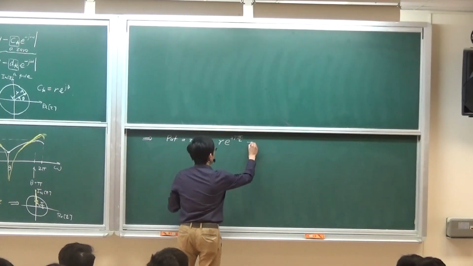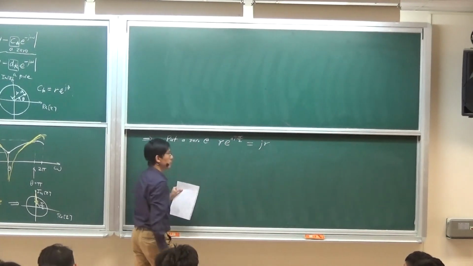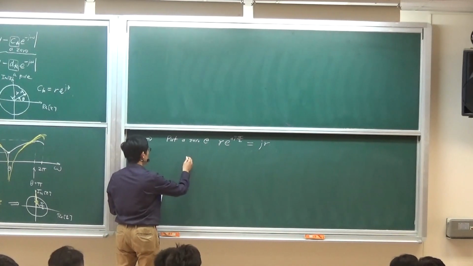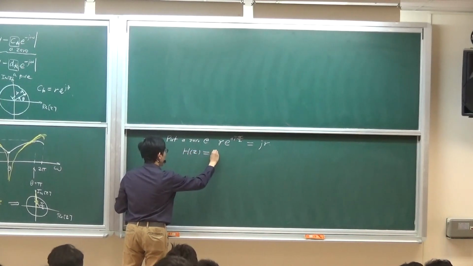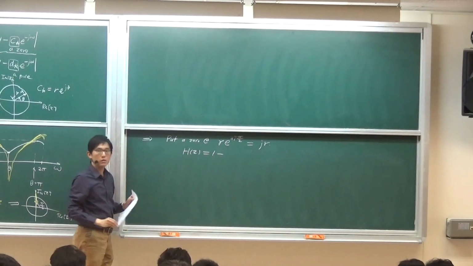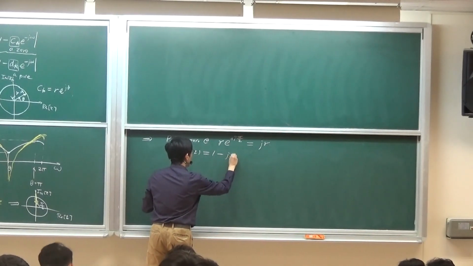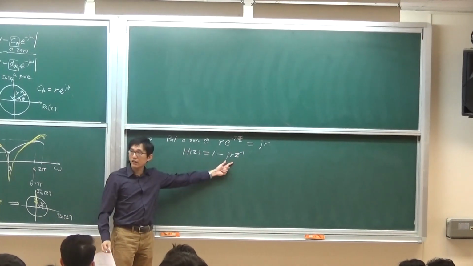Okay, so we are suggesting you to put a 0 at this place. Therefore, we say the corresponding system function will be 1 minus j r z inverse. Right? We're putting a 0 exactly right here.